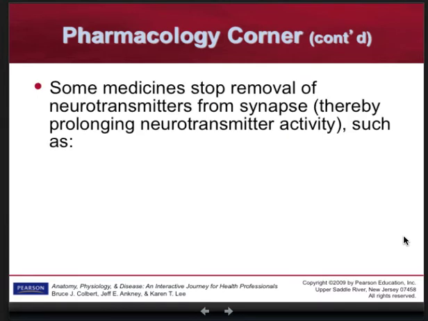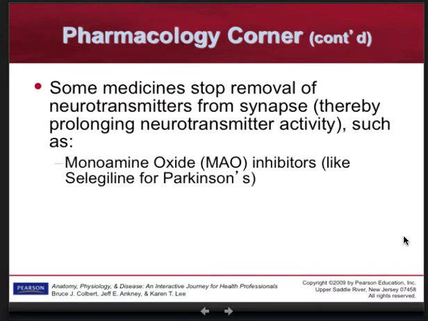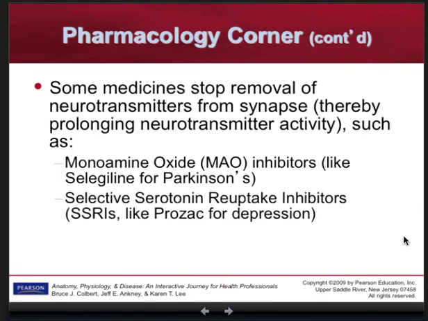Okay. Some medicines stop removal of neurotransmitters from synapse. As a result, this prolongs the activity of the neurotransmitters. Examples would be MAO inhibitors, such as selegiline for Parkinson's, or SSRIs like Prozac for depression.